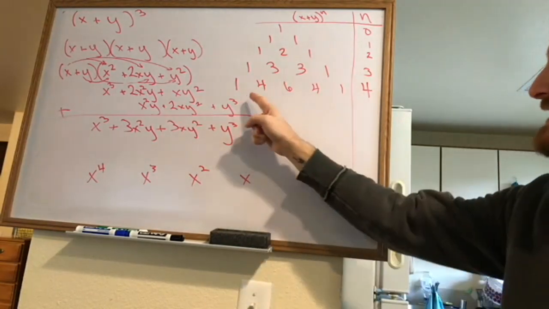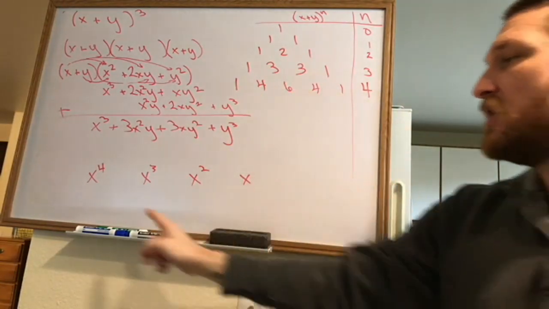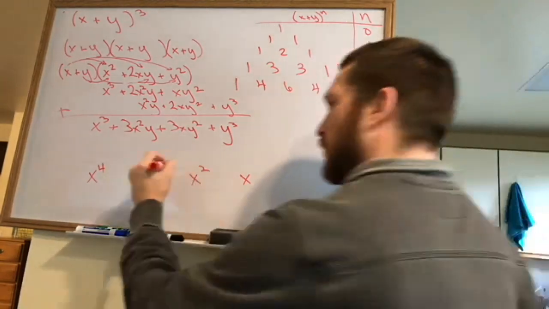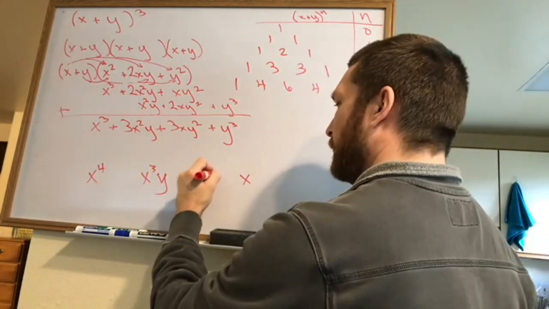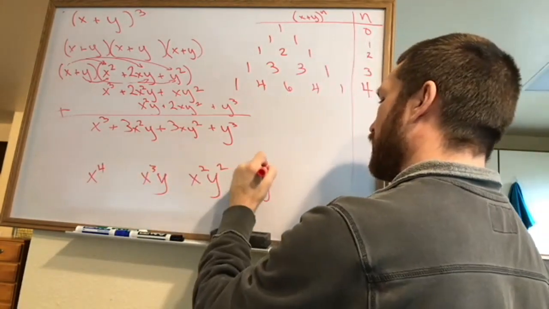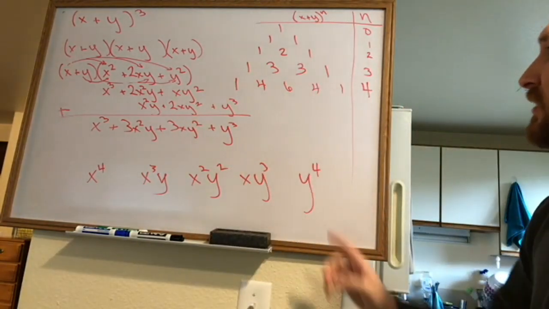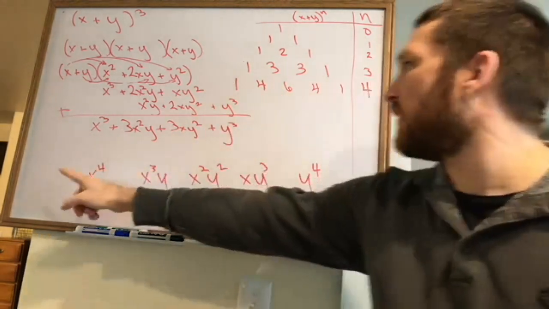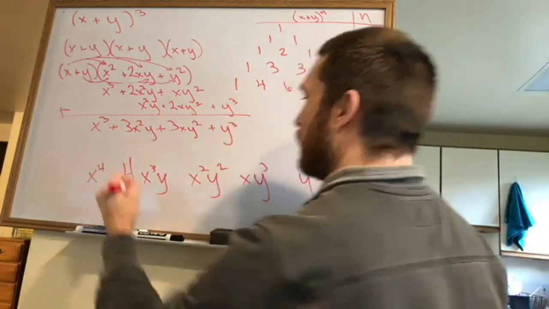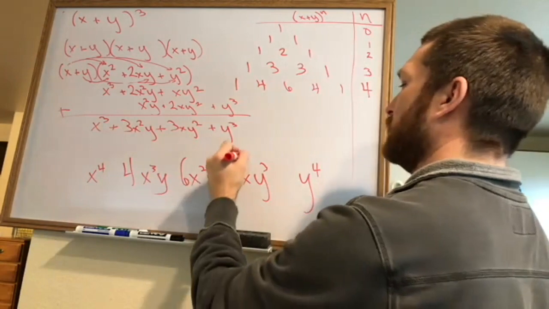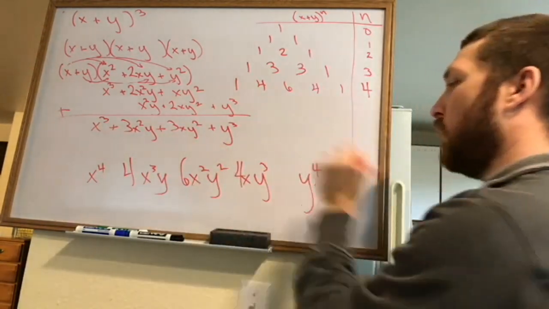I know I have ascending powers of y, so no y's, 1 y, 2 y's, 3 y's, 4 y's, and now it's just the coefficients. I know I have 1 of those, 4 of those, 6 of those, 4 of those, 1 of those.